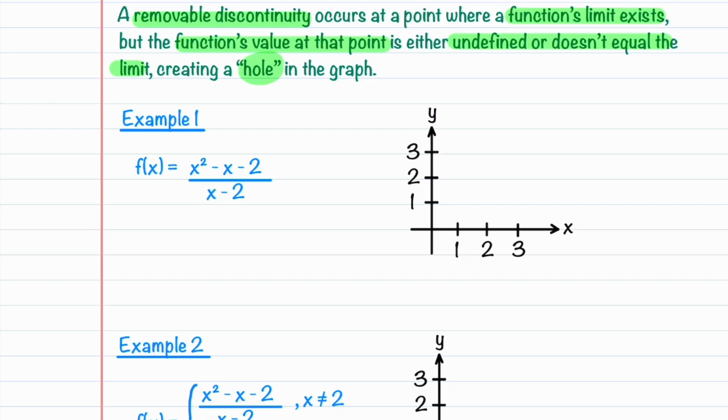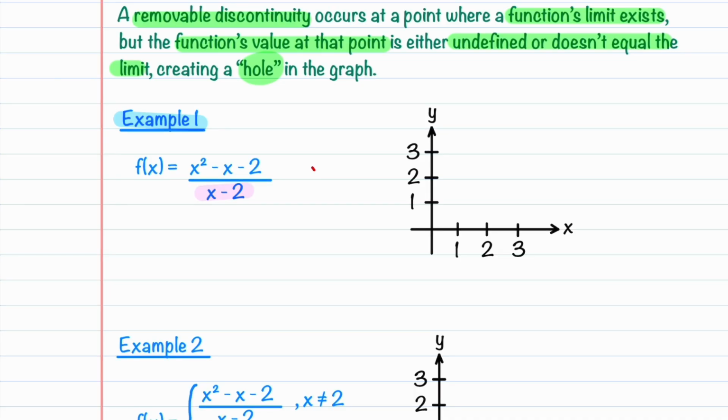In example 1, we have a function that has a removable discontinuity, and we're going to look at it and see exactly why it has a removable discontinuity and where that discontinuity is. You can see that the denominator is going to equal 0 when x is equal to 2, so our function is going to be discontinuous at x is equal to 2.